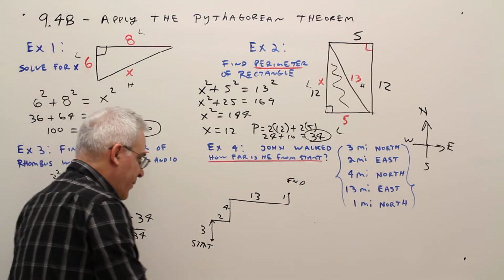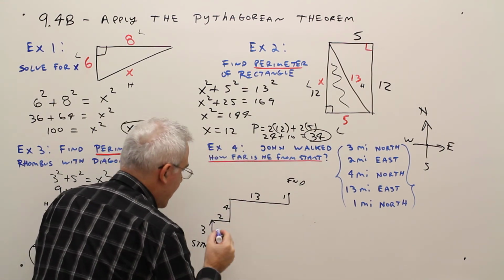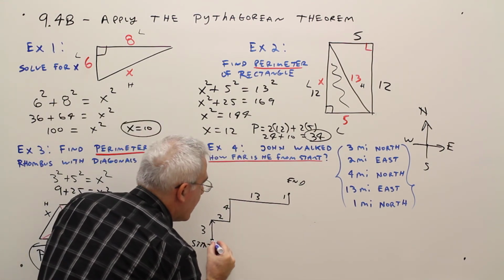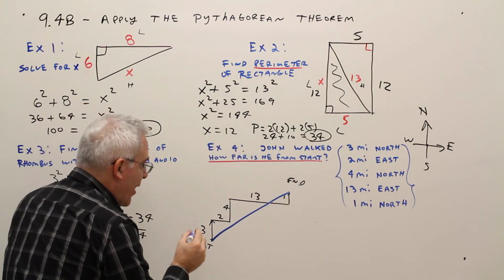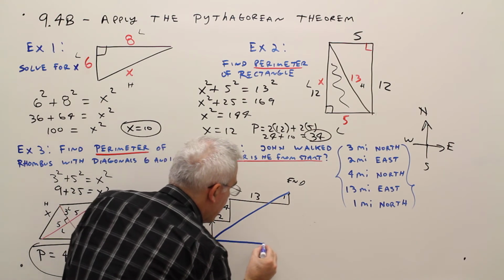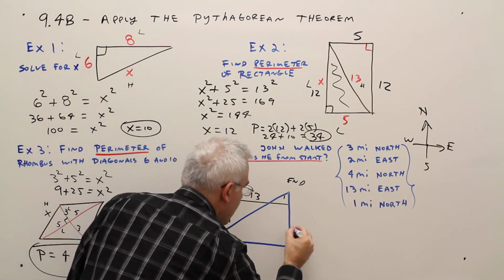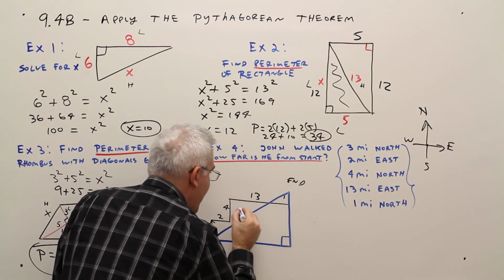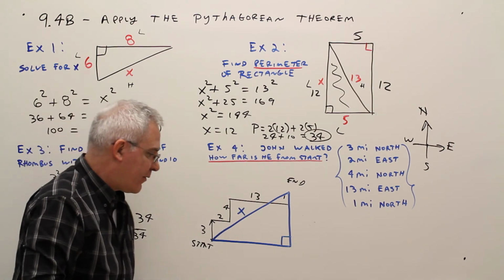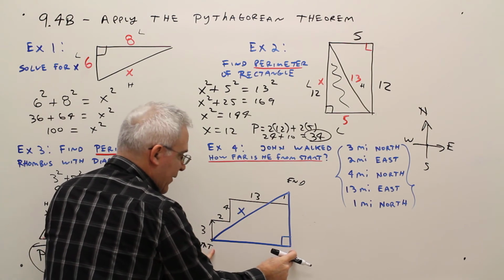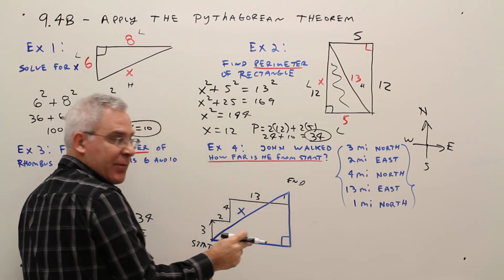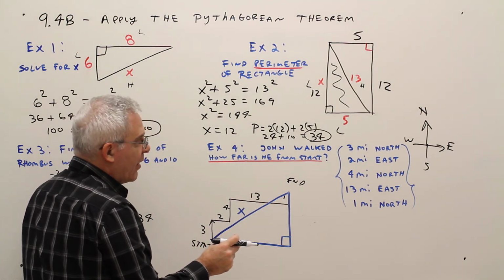Well, what I'm going to do is just draw a straight line from the start to the end. And what I'm going to do is construct a right triangle. And I want to find that distance x. All right, well, I know that this length here is the same as the eastern components, okay?